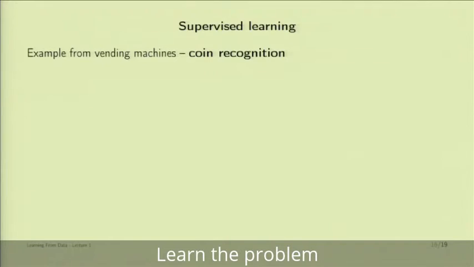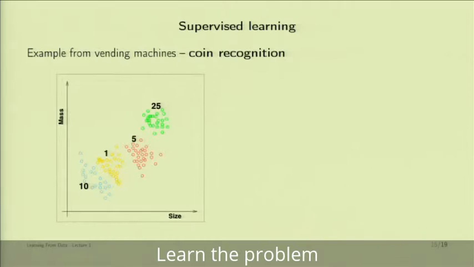So let's take an example of coin recognition just to be able to contrast it with unsupervised learning in a moment. Let's say you have a vending machine, and you would like to make the system able to recognize the coins. You have physical measurements of the coin. Let's be simplistic and say we measure the size and mass of the coin. The coins will be quarters, nickels, pennies, and dimes: 25, 5, 1, and 10.